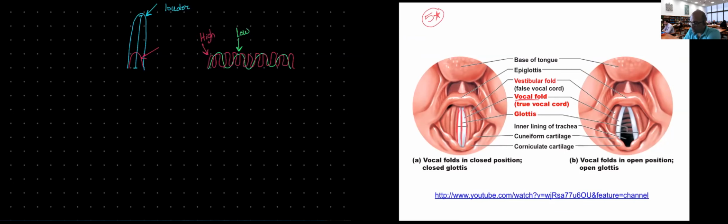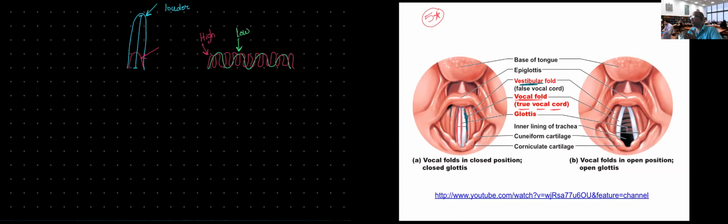Those are what we call the vocal folds or the true vocal cords. But on both sides of the true vocal cords, I have muscular vocal cords. We call those my vestibular folds or my false vocal cords.